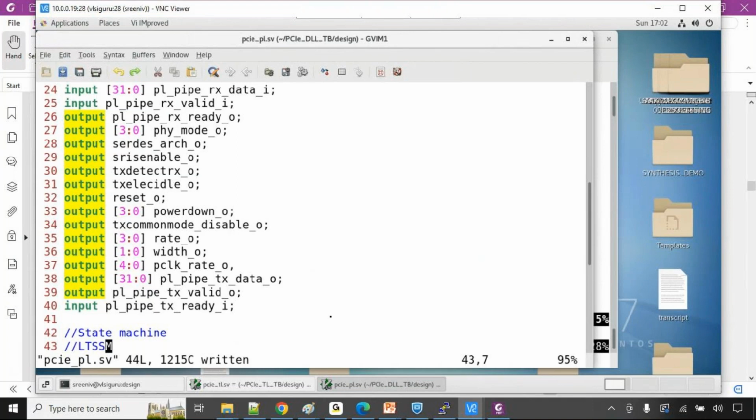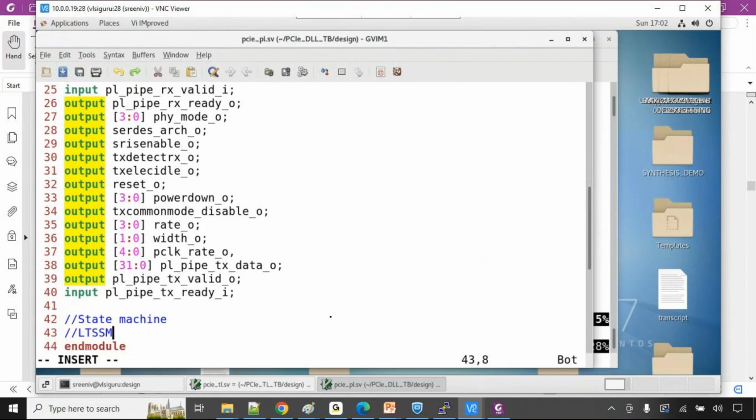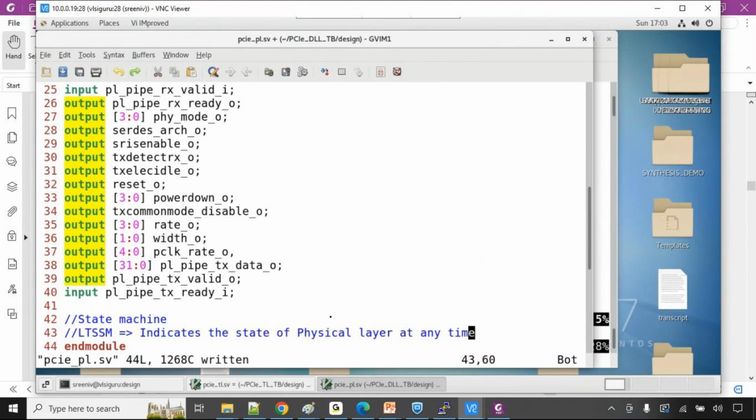It is the status of the physical layer at any time. It indicates the state of the physical layer at any time. It can be in detect state, it can be in configuration state, it can be in recovery state, but it is going to tell me what is the state. Okay, so this is the part of the RTL development.